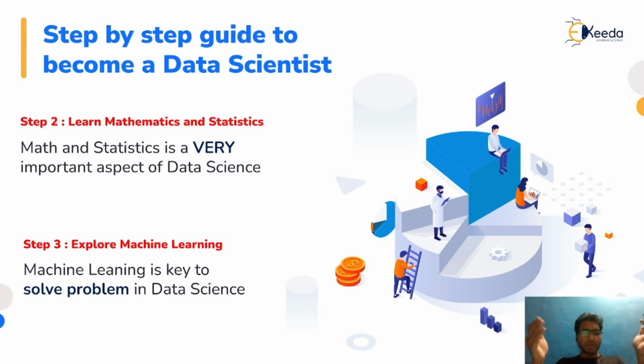Now the third step will be to explore machine learning. Once your mathematics and statistics part is done, the third step is to explore machine learning. Let me quickly introduce what machine learning is. You might have Flipkart or Amazon on your mobile, and suddenly a pop-up comes that this particular product is available at this price for you.